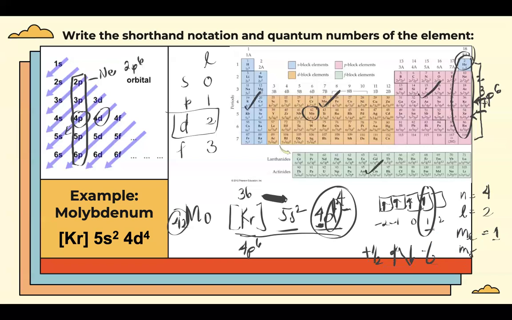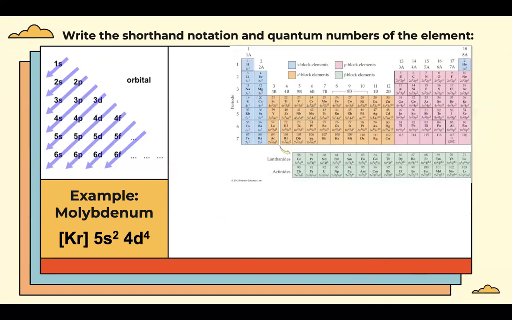The last arrow that we wrote is upward, so the M sub S here is positive 1/2. So in writing, we can write the quantum numbers of molybdenum as 4, 2, 1, positive 1/2. All right. So that is for this example.